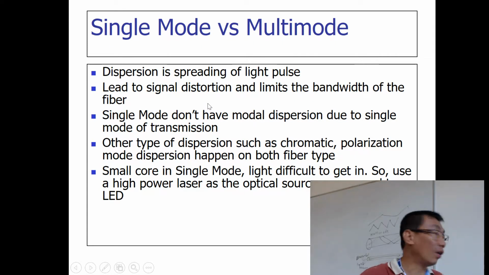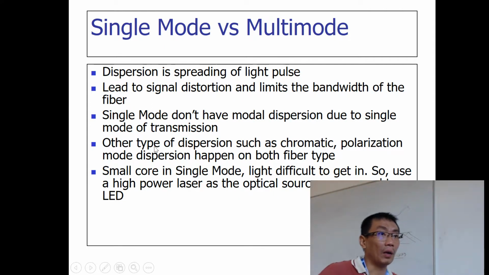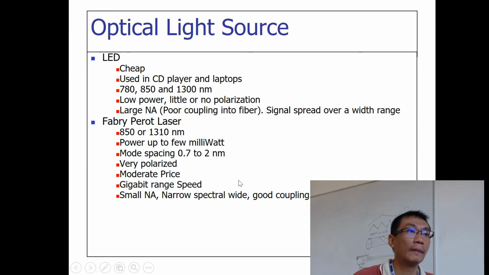So all the light goes inside in a straight line. However, you have other types of dispersion, such as chromatic and polarization mode dispersion. The core is small, so the light is difficult to get in, so you need to use a powerful source, such as a high power laser.